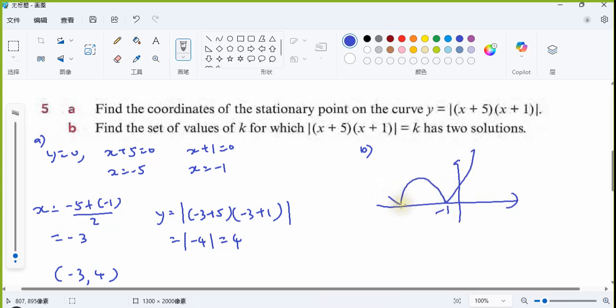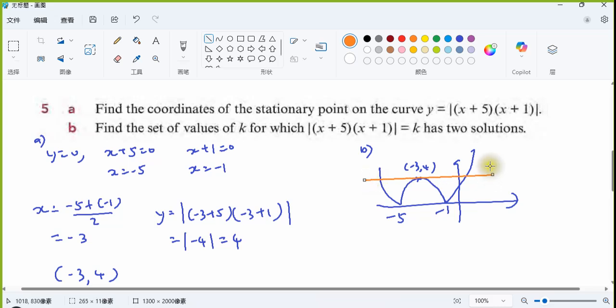This is negative 1, this is negative 5, and this is (negative 3, 4). So we have three solutions over here. And when k is 0, then we have two solutions.